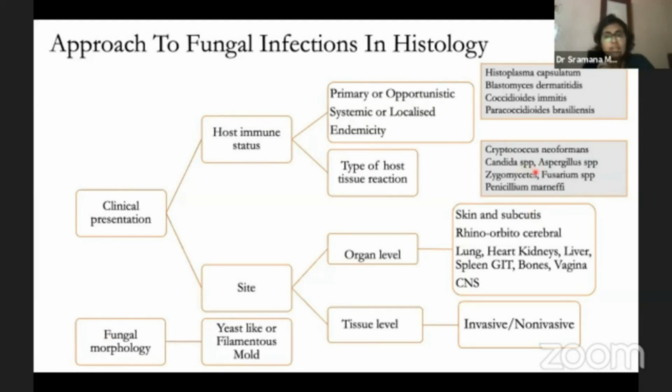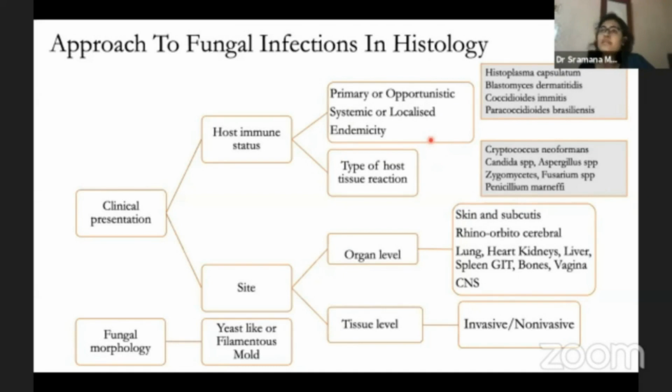Now, the other thing is we also need to know whether the presentation is localized. As Dr. Dinesh Asati and Dr. Sagar Kadanga said, if you see a disseminated involvement of the skin or involvement of the lungs or other organs, then you know it is a systemic presentation.